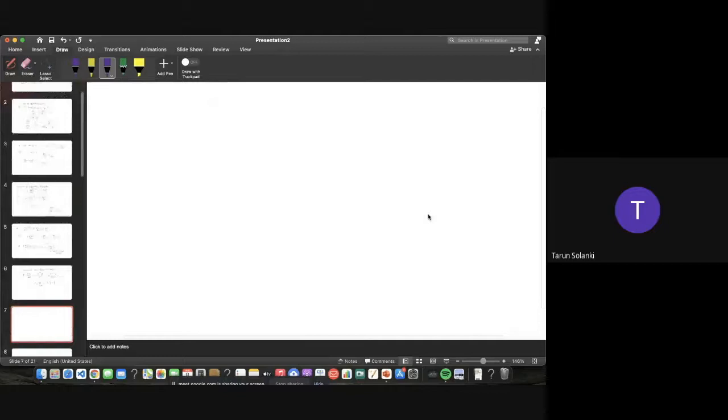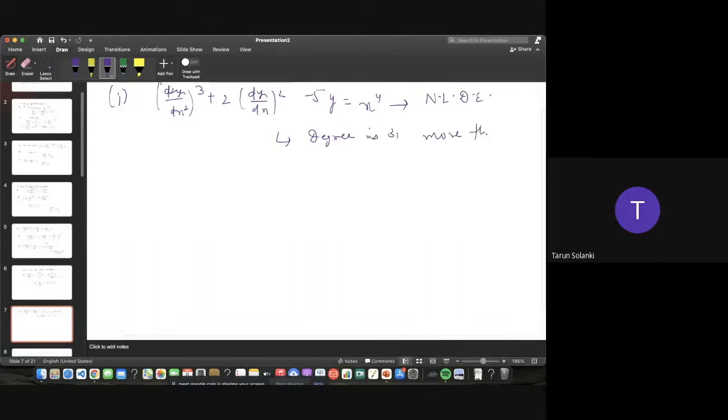If we talk about the examples, so let me write. First one is (d²y/dx²)³ + 2(dy/dx)² − 5y = x⁴. So this is a non-linear differential equation because the degree is 3, which is more than 1, right?